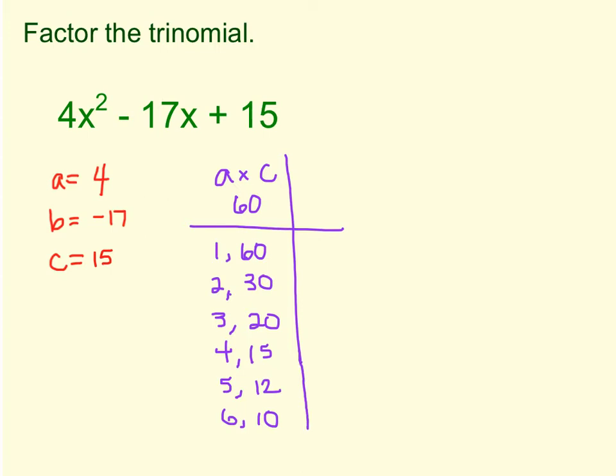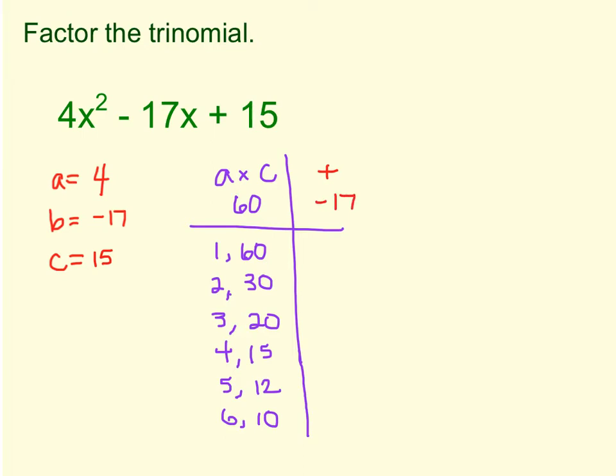Well, there's a lot of them. 7, 8, 9, all right, so that's all of those. So factors of 60. What we're looking for is the factor pair that will add up to our b value, the negative 17.